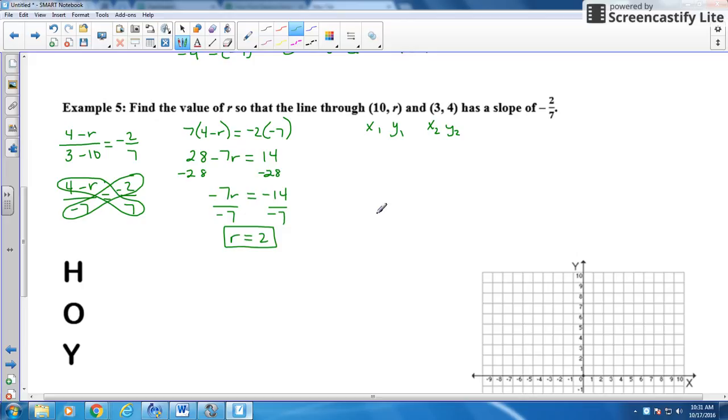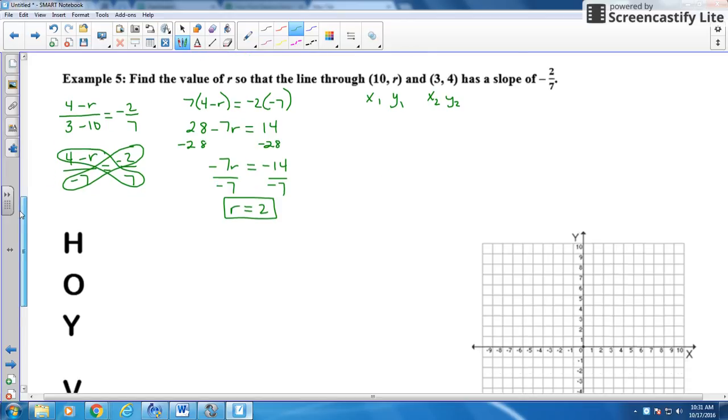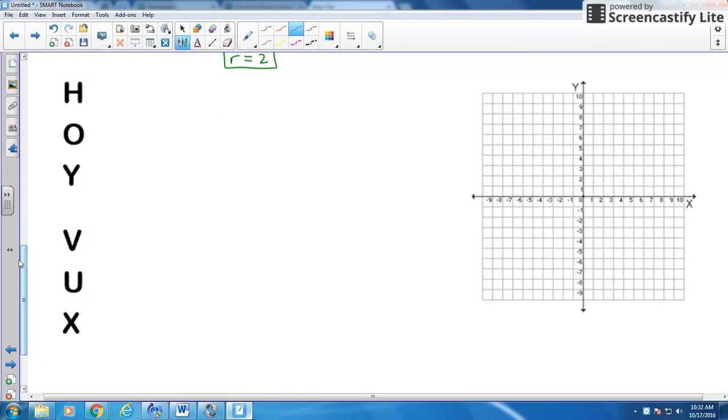Now, one way to help you remember those special case lines, the horizontal and vertical lines, is to use what we call HOY VUX. HOY VUX is just an expression that helps us to remember this.